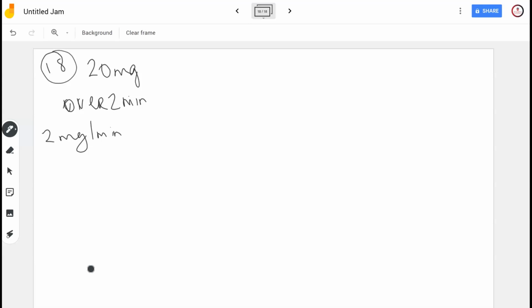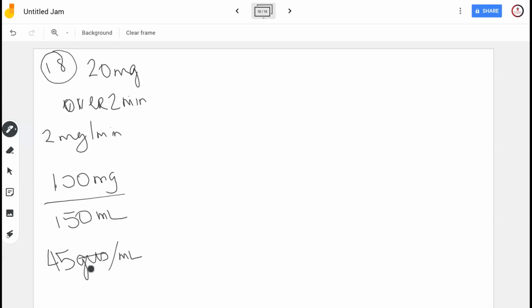You routinely mix your labetalol by adding 100 milligrams into a 150 milliliter bag. And you use a 45 drop set. How many mLs or how many drops a minute do you need to do?